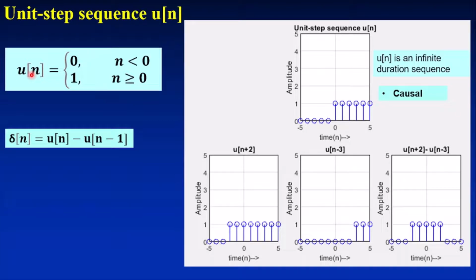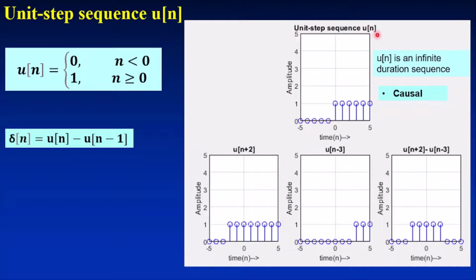The unit step sequence is represented as u of n, and that's equal to 0 for n less than 0. That means for negative time instants it's 0, and starting at n equal to 0 up to infinity, the amplitude will be equal to 1. So this is how we represent the unit step function, and it's illustrated here.